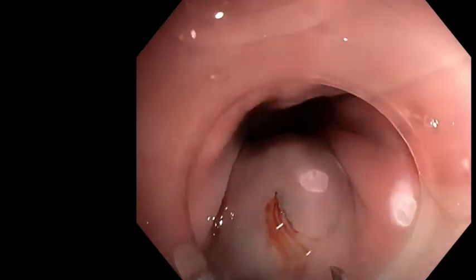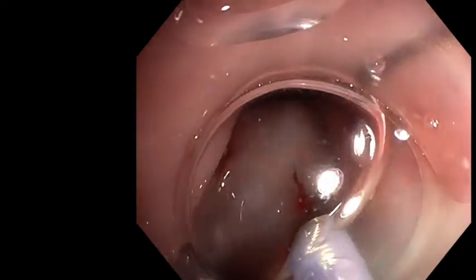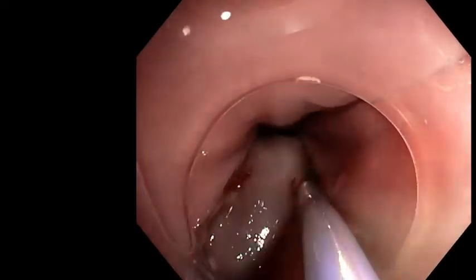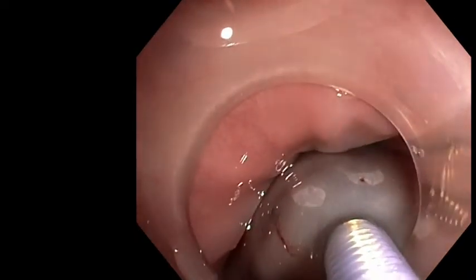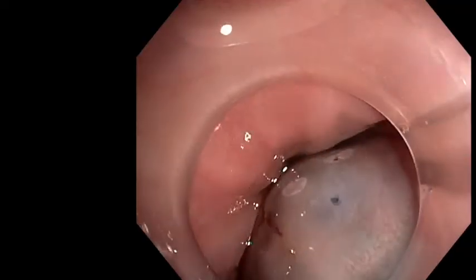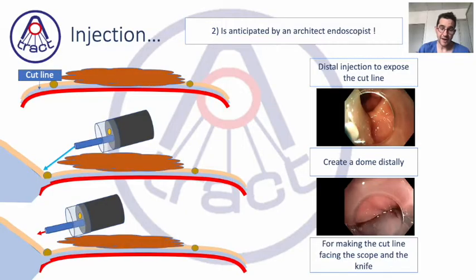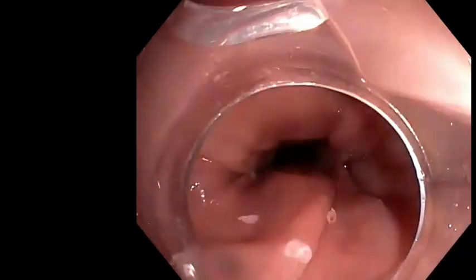Therefore, after, you have not a tangential approach like you have during your injection. You will have this mountain facing you, and therefore your knife will have a 90 degrees access to the mucosa to do your incision line more effectively.